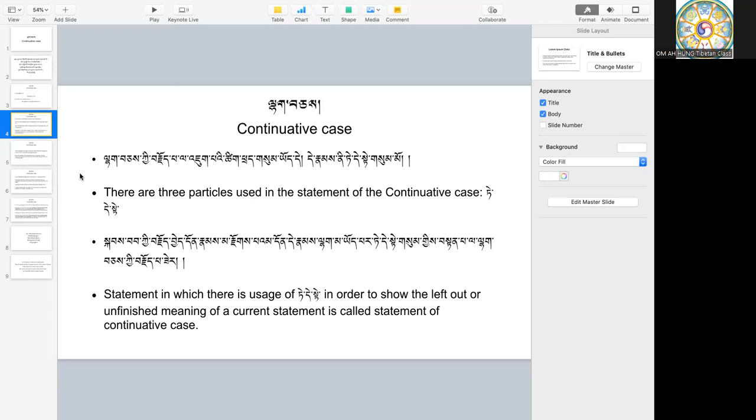What does a continuative case statement mean? What type of statement qualifies to be a continuative case statement? A statement in which there is usage of the three particles of the continuative case, that is te, te, te.